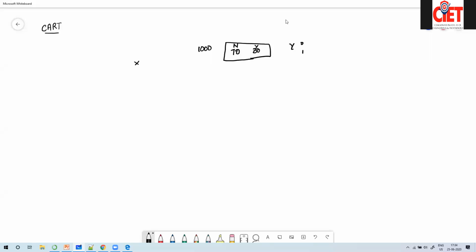And we have input variables like this. Let's say we have input variables x1, x2, x3, x4. Using these input variables, we want to separate these 1,000 observations into yes and no. Most of the trees work on the principle of recursive partitioning, the principle behind the decision trees.